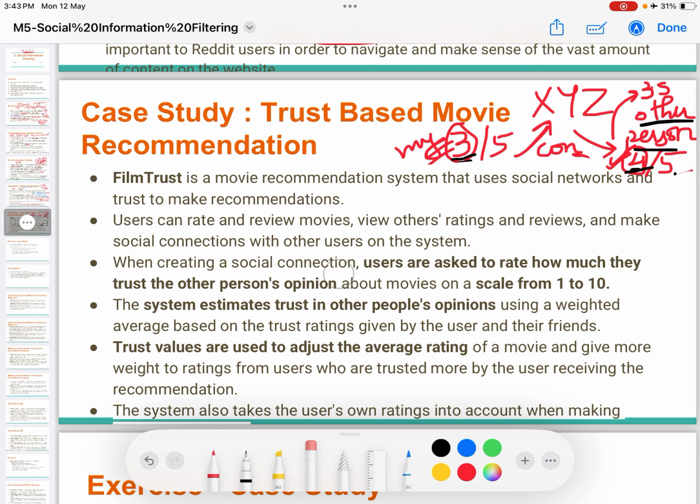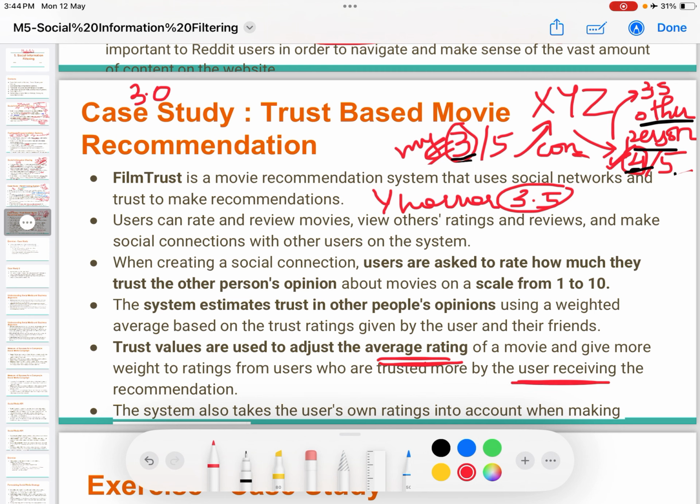So what is this method doing? Because I have given a rating of 8 to the person, let us say tomorrow there is a movie, say a horror movie. For that horror movie, this person is giving a rating of 3.5. The actual rating of the movie is, say, 3. But now the rating will be adjusted to 3.5. And this movie will be recommended to me.